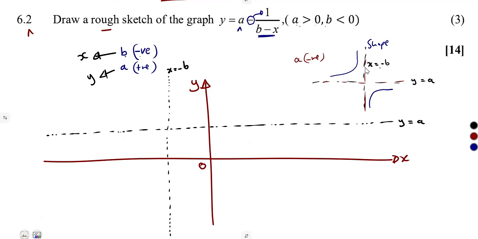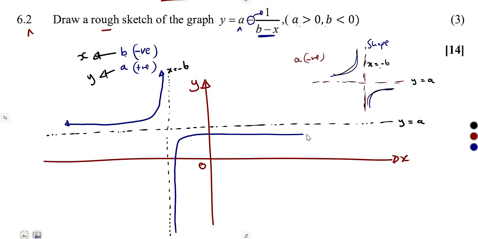The shape, remember, when these are our asymptotes, we're going to have one piece here and another piece there. So these are the pieces that you're going to present now. There's a piece that you're going to have here and another piece on this side of what? Your asymptotes, like that. So just something like that, guys, okay?